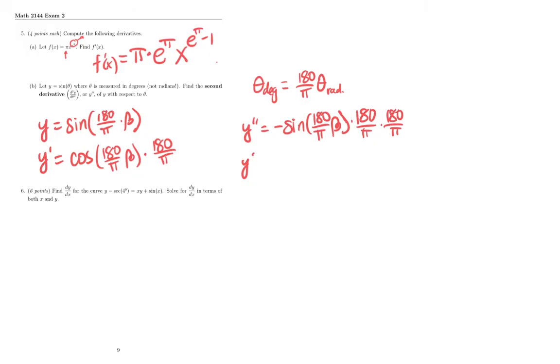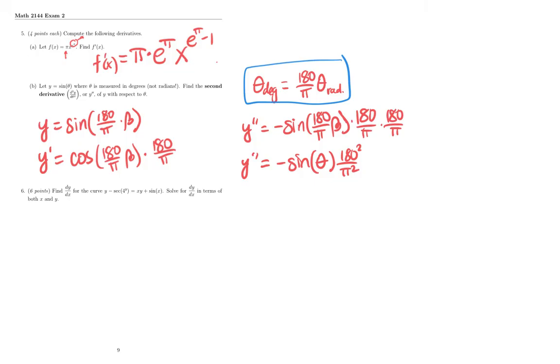And so y double prime is going to be equal to negative sine of, remember that inside part is what we're going to call theta, times 180 squared over pi squared. So that's what that is going to be. And so I'm using this to convert from theta in degrees to theta in radians, where I'm using that beta to be my theta in radians.